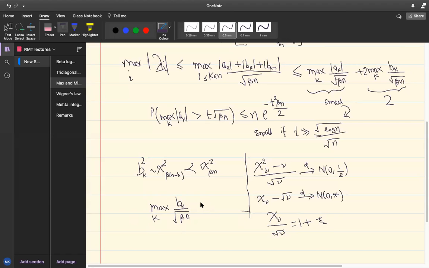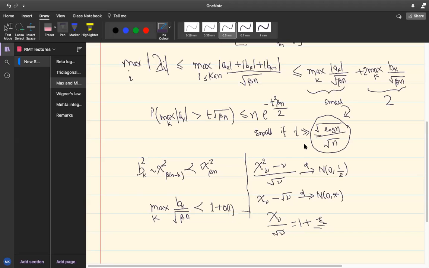But from this, you can see that this will tell us that it is smaller than something like that, because bk over square root beta n can be bounded by 1 plus a kind of Gaussian, and so you have the max of n Gaussians, which is again bounded.